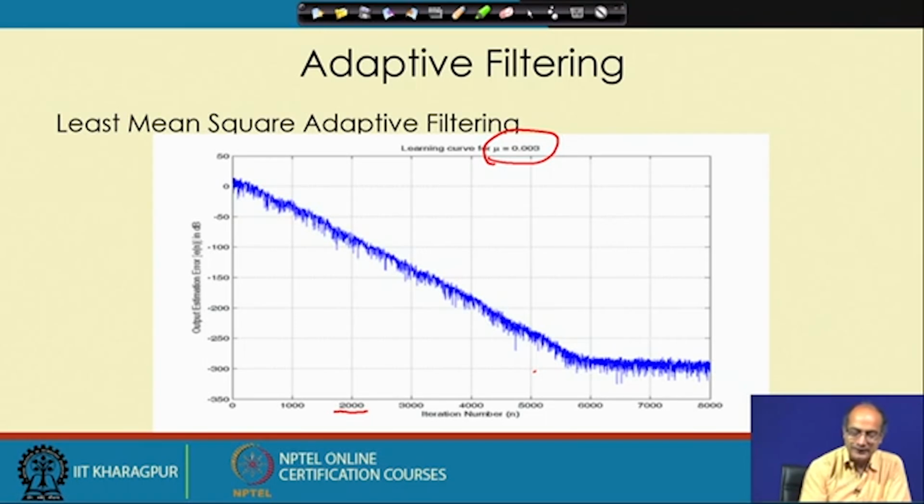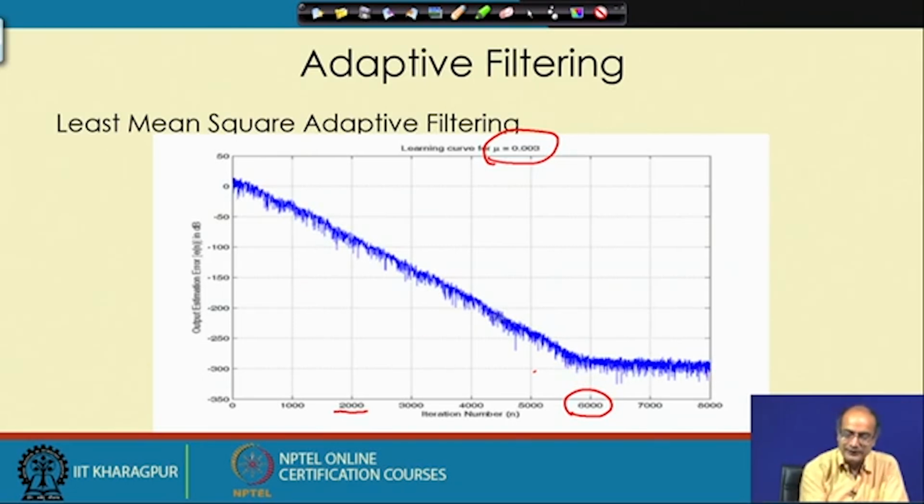So, what is happening in that case? Instead of 2000, now it is taking almost 6000 iterations to converge, and it is again converging to the same value, minus 300, and again there is some amount of noise which was there at the time of adaptation as well as after the convergence.